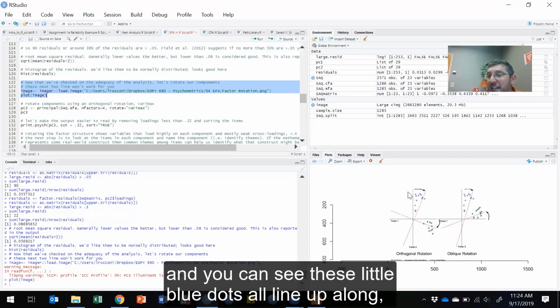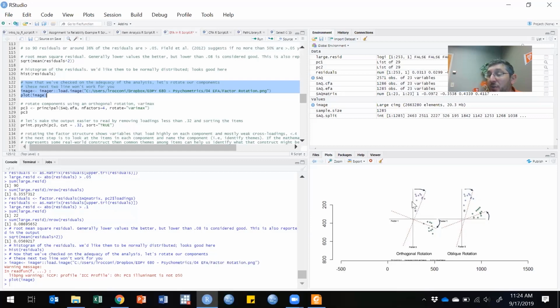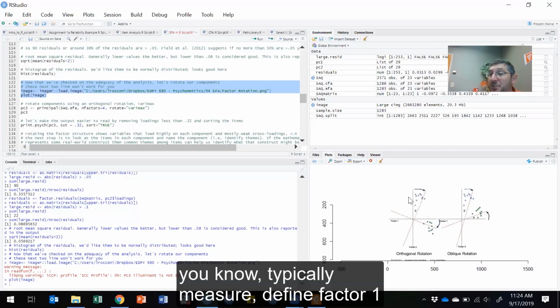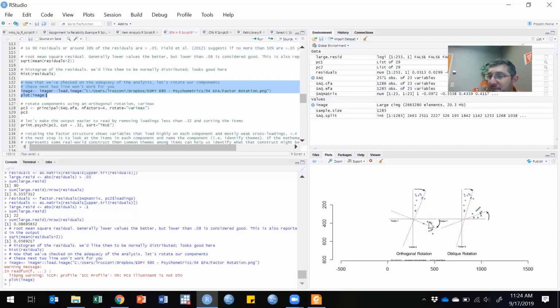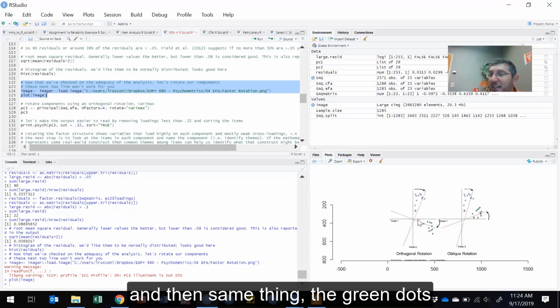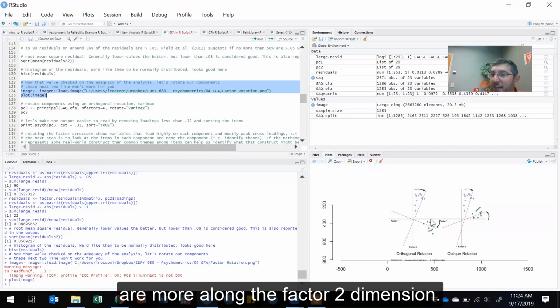And you can see these little blue dots all line up along, typically define factor 1 and do a poor job of defining factor 2. And then same thing, the green dots are more along the factor 2 dimension.